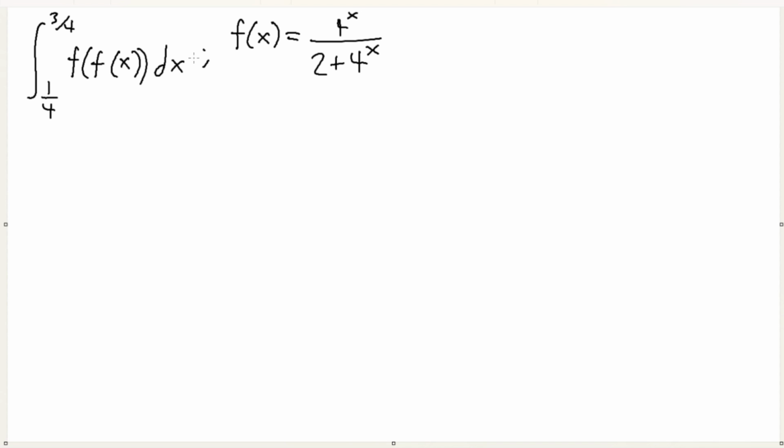So, we are given a function, 4 to the power of x over 2 plus 4 to the power of x. And we're integrating a composite of itself. Now, I'm not going to write out f of x, because that's, you know. But we're going to do some manipulation here.